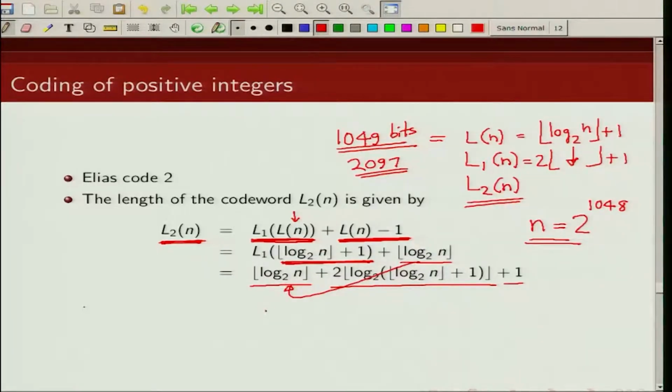So here we get 1048, and this will be log to base 2 of n, so it's 1048 plus 1. I'm ignoring the 1, so log of 1049, roughly 1048, so that would be 10, so 2 times 10, that's 20 plus 1.